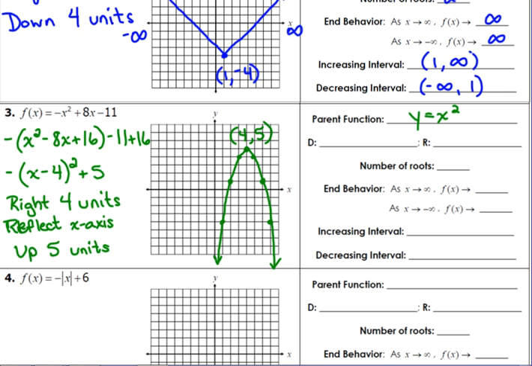Domain. What's the domain of a quadratic? All real numbers. How about our range? Y is less than or equal to 5, because 5 is the y value of our vertex. How many roots? 2. What are our other possibilities? 0 and 1.